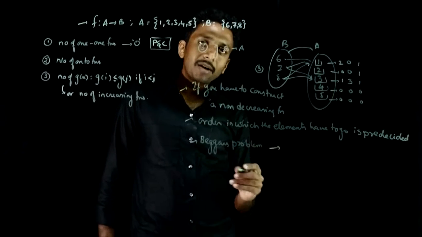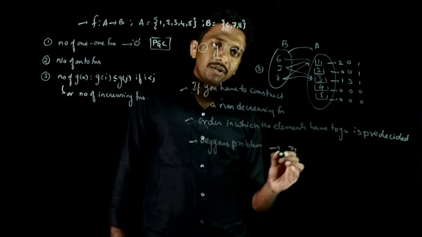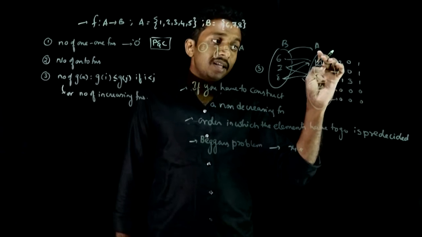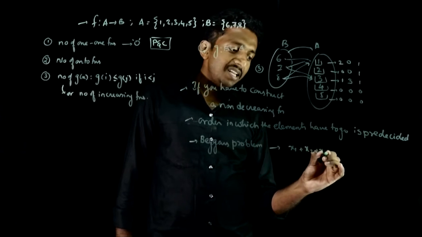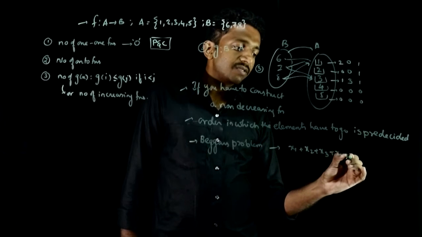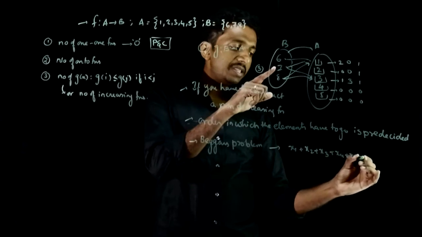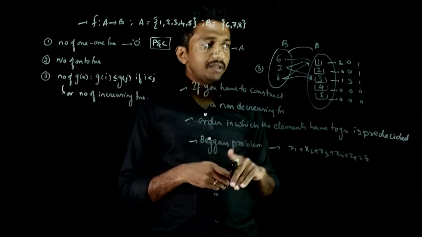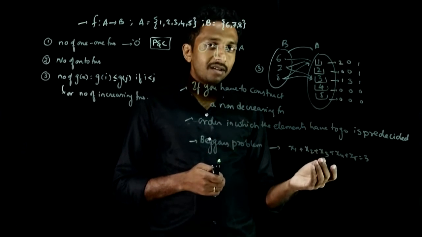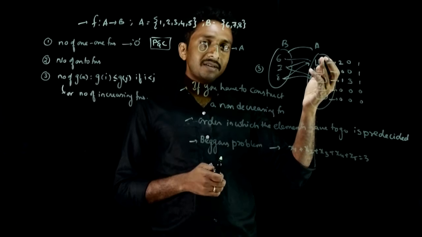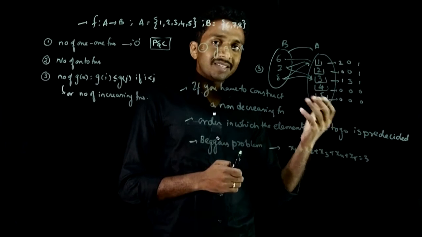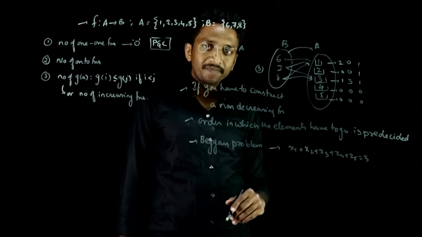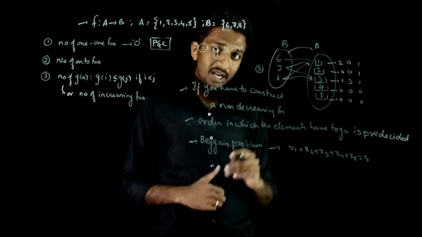So or this can also be thought of as the number of solutions to x1, the number of elements that are given to the first box, plus x2 plus x3 plus x4 plus x5 is equal to 3 होना चाहिए. इसका मतलब the number of elements that this element gets, this element gets, this element gets, इन सबको ऐड किया तो आपको 3 आना चाहिए. ठीक है, empty box are allowed.